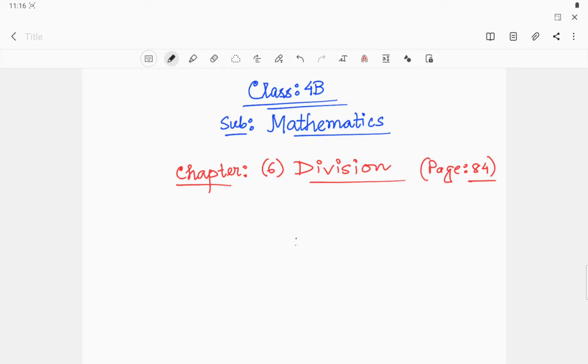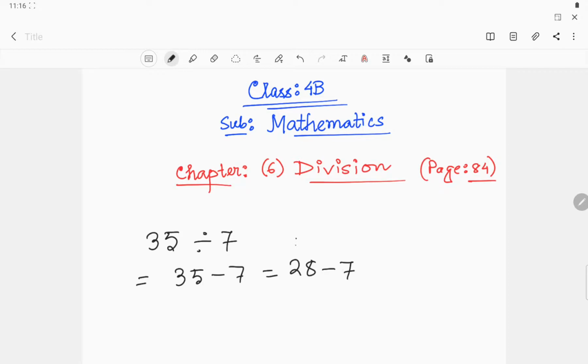Suppose I'm taking 35 divided by 7. That means I want to divide 35 into 7 pieces. So it will be 35 minus 7, you get 28.